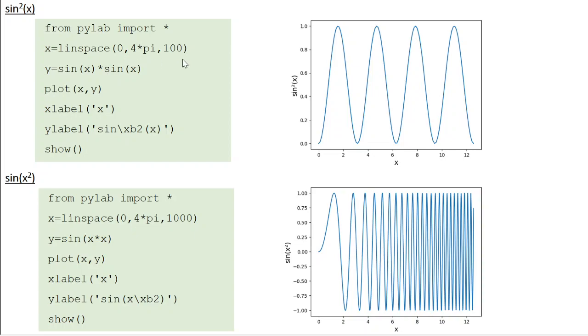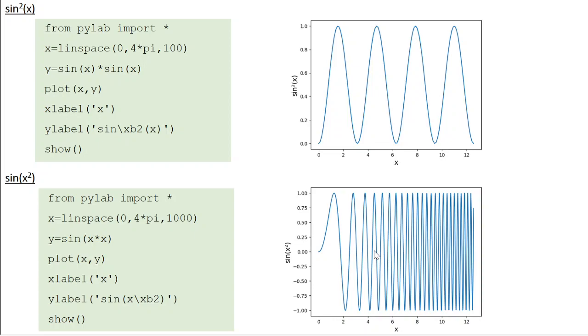In the previous example, I chose only 100 data points, but in this case, I chose 1000 because you can see the graph is varying very, very fast. When you have a fast variation in your graph, or if there are minor variations, it's better to give as many data points as possible, because if you put only 100 data points here, some of the variations will not be displayed correctly.